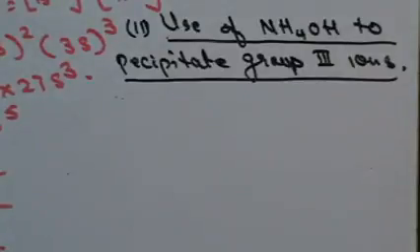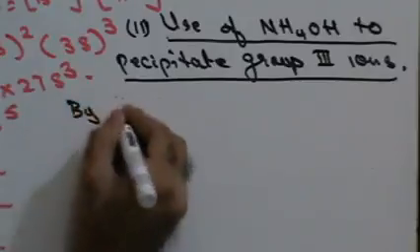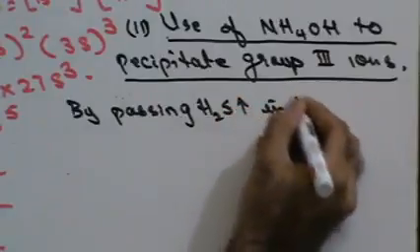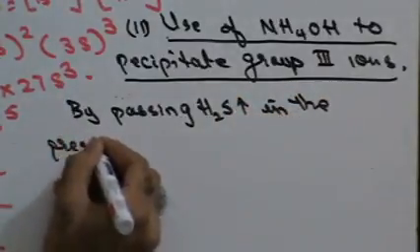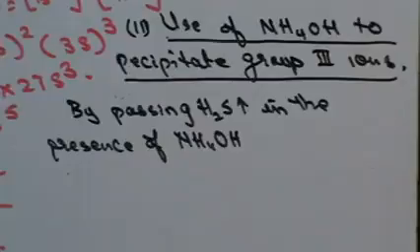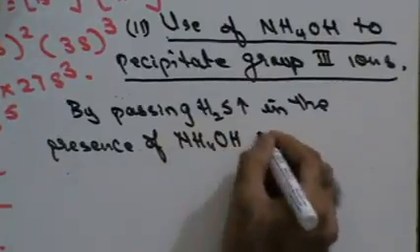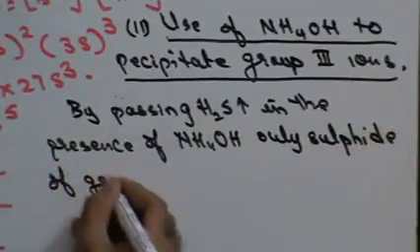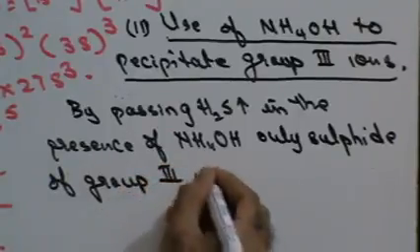By passing hydrogen sulfide gas in the presence of ammonium hydroxide, only the sulfides of group 3 cations get precipitated.